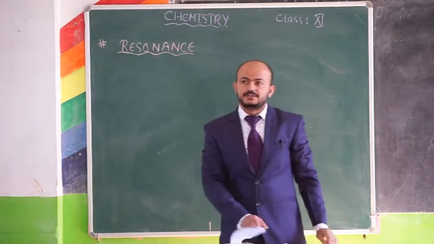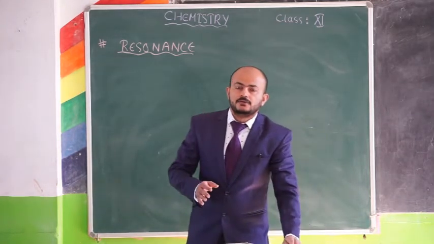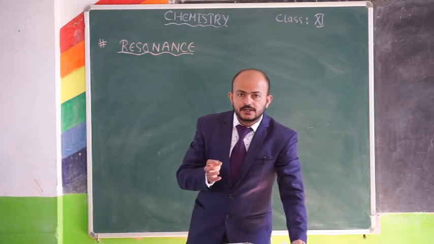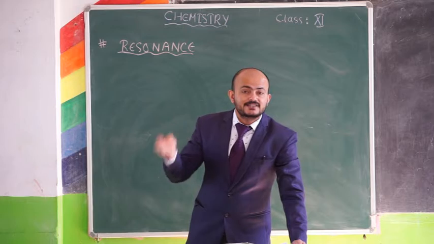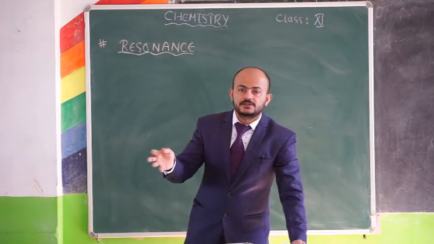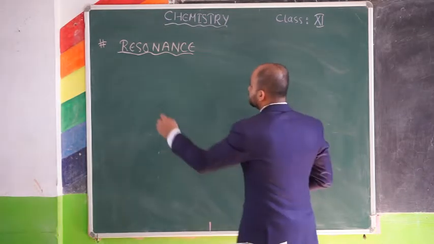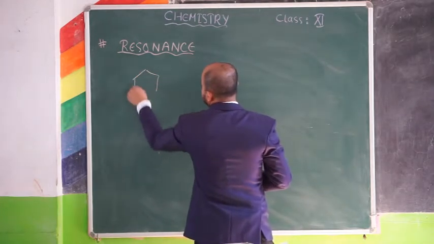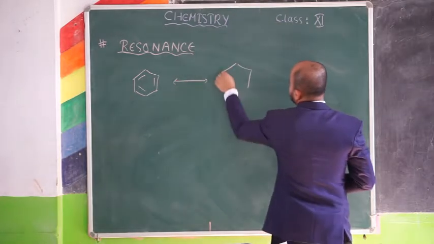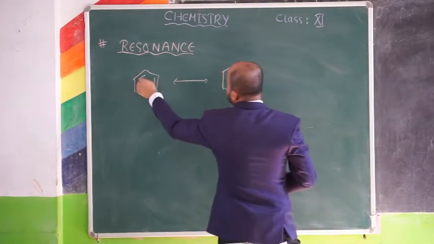Resonance is a phenomenon. Whenever the actual property of any compound cannot be explained by any one of its structures, we have resonance. For example, let's take benzene. The benzene structure could be this, or it could be with the double bond here.